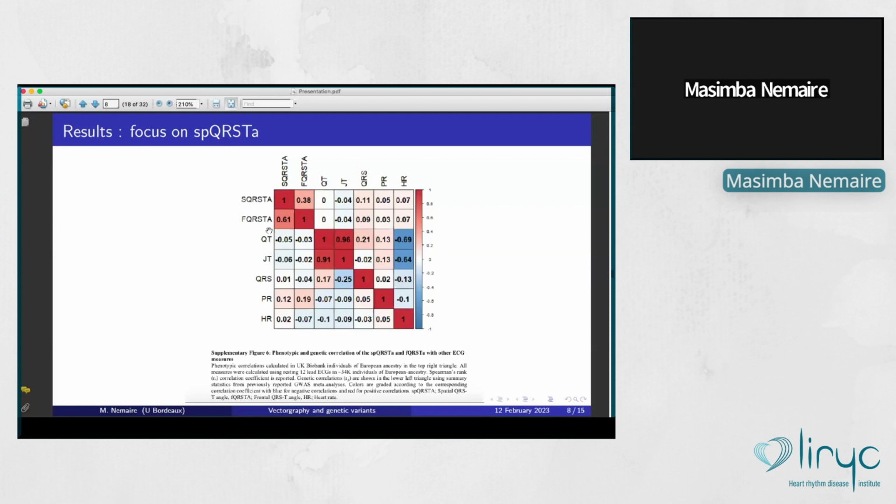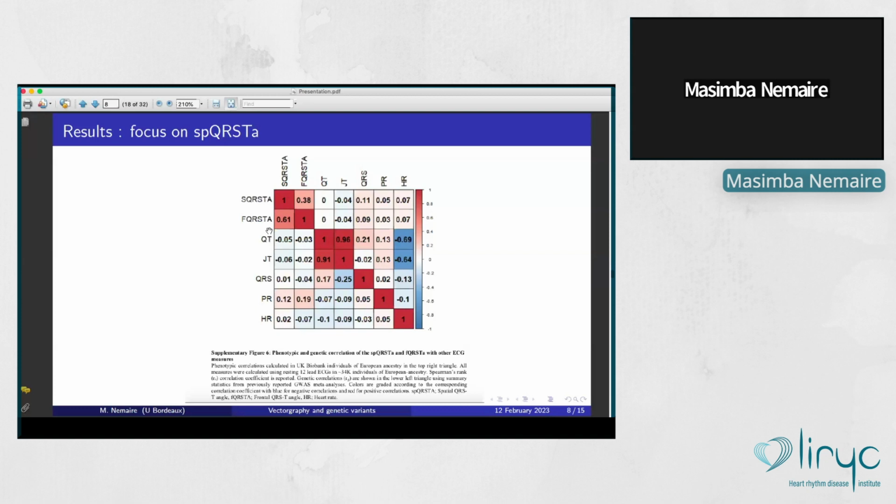So again, this brings to question, should we still be looking at these ECG markers as we do right now to make them be the theme of ECG, or we might need to look at other things?